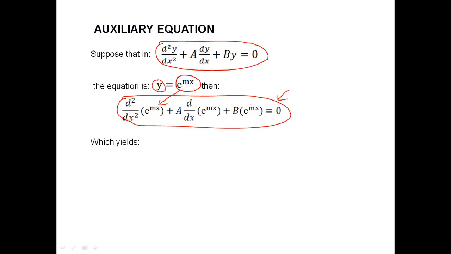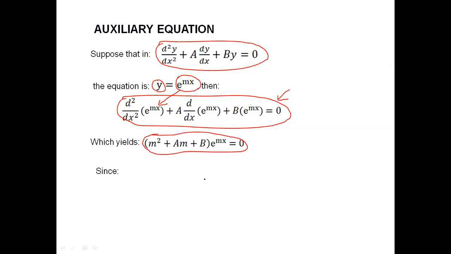Having performed the differentiation in the first two terms, you realize that m squared plus am plus b in brackets, outside the brackets you have e raised to the power mx is equal to 0 will be the resultant equation.